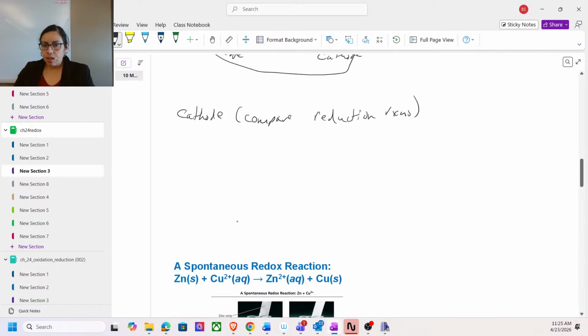And then, and this was what the lab had you do, let's rewrite our reduction potential of sodium from before. That was negative 2.71 volts.